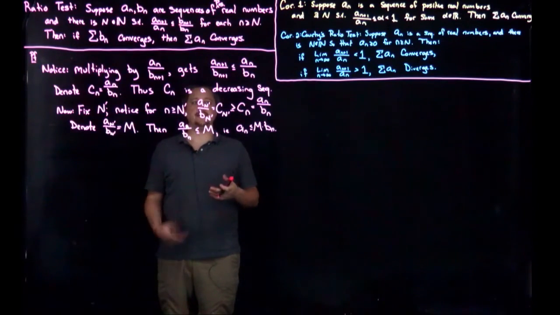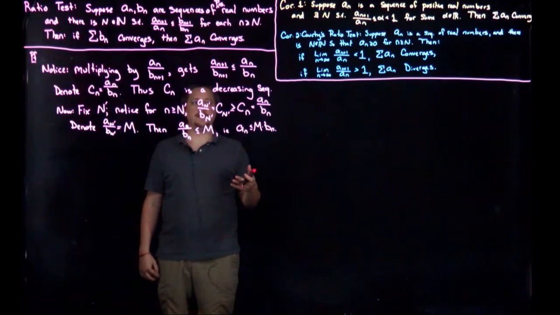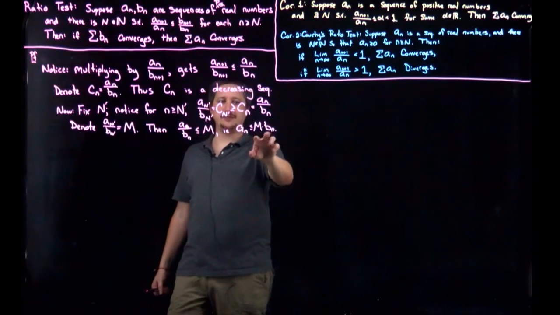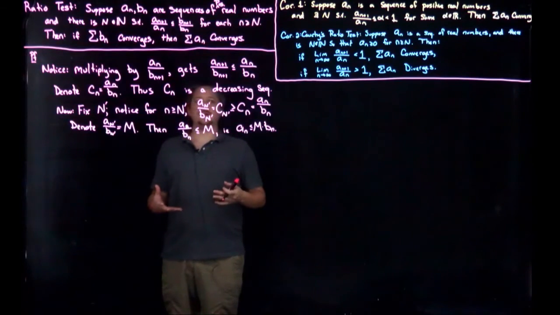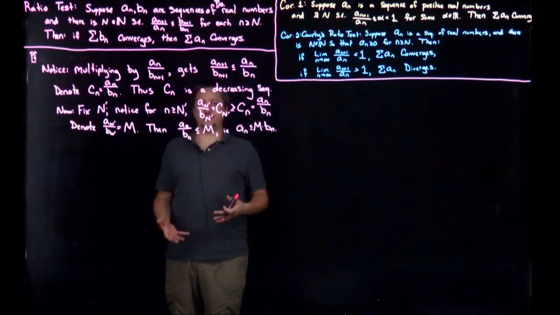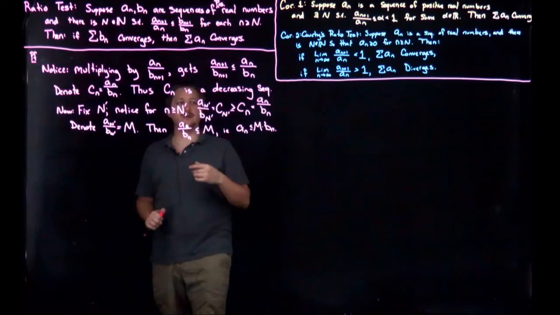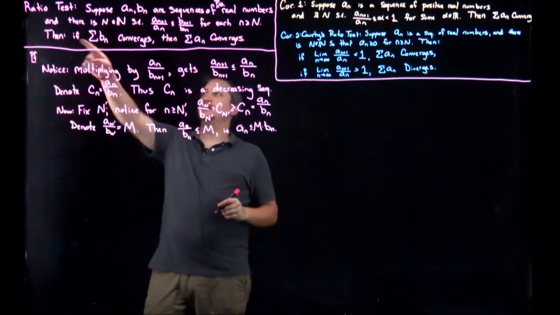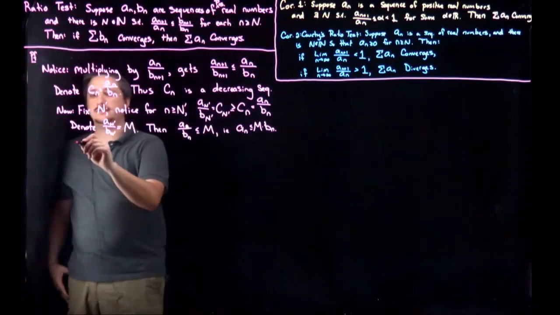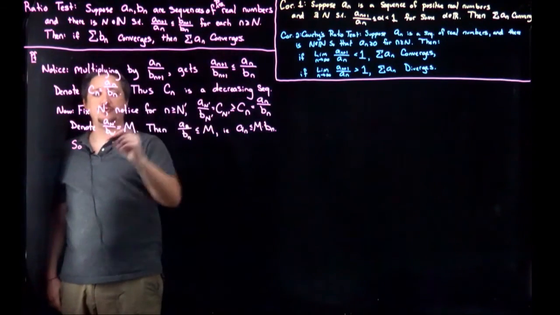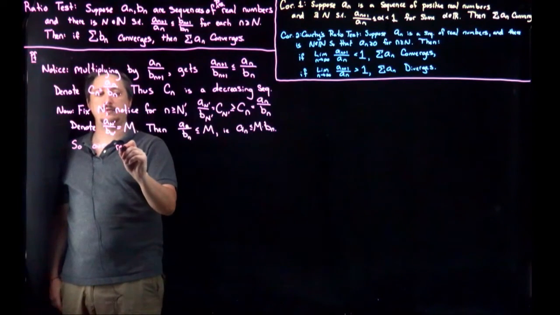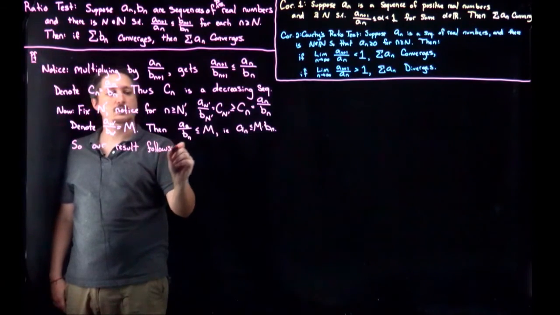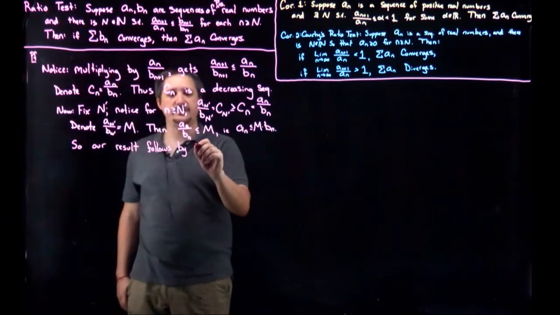And I have that a_n is bounded above by this pointwise pseudo-uniform bound, M times b_n. And that's exactly what the comparison test is for, right? The comparison test from before says that if, under these conditions, b_n converges, a_n converges, which is exactly what we want. So our result follows by the comparison test.